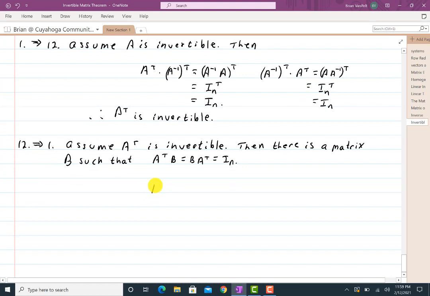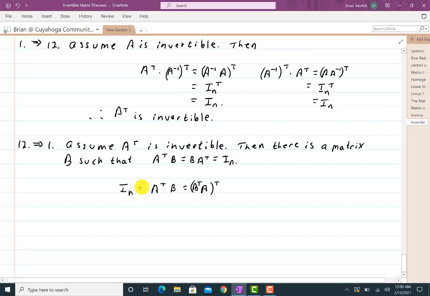But then A transpose B equals B transpose A. Notice how I reverse them. Now I know on the left that this is I sub n.